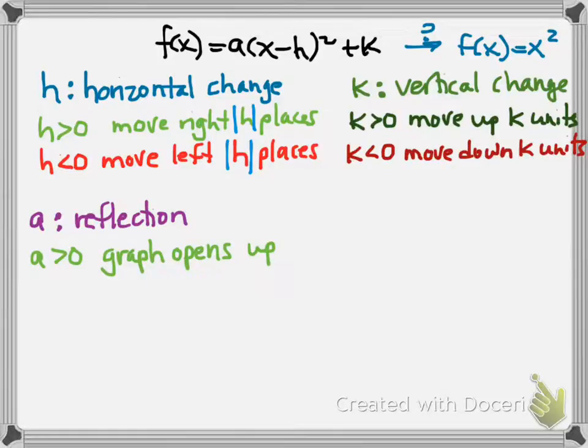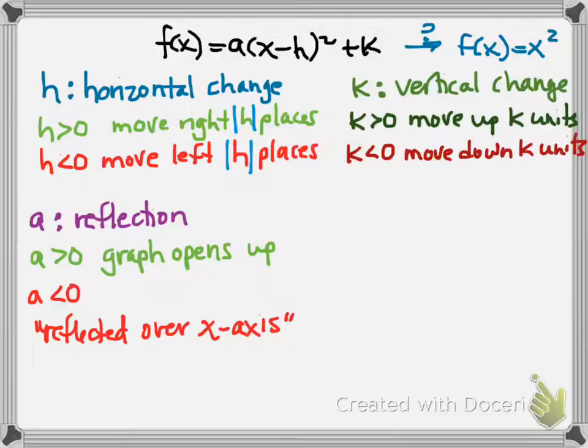And if A is negative, that's when we say it's reflected over the x-axis. So I'm going to write that underneath here. And we would have the graph opens down, or downward.